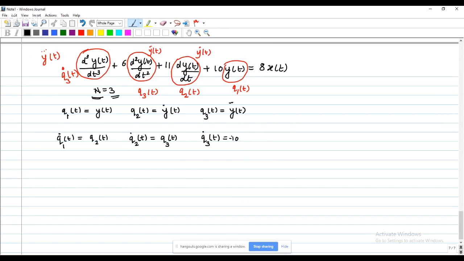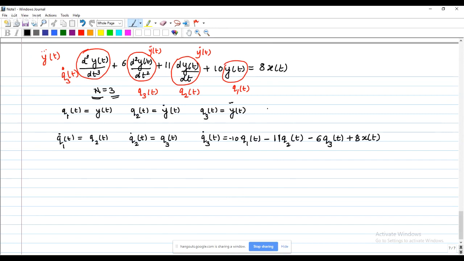So I'll write minus 10 q1(t), minus 11 q2(t), minus 6 q3(t), plus 8 x(t). Agreed, everyone? This is how we got the final states. Yes or no?